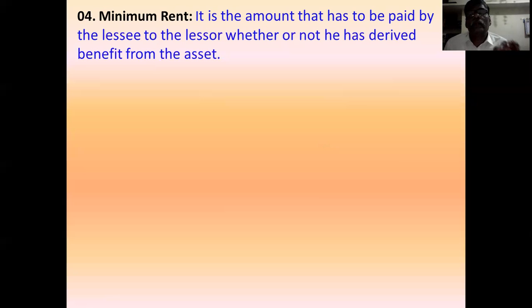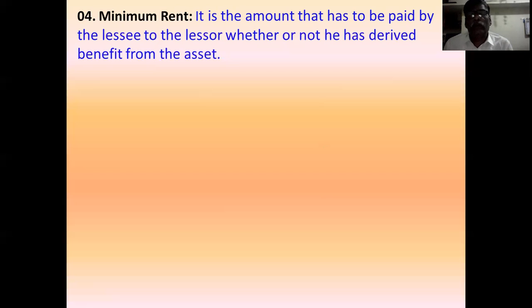Once again, minimum rent is the minimum amount paid by the lessee to the lessor, whether or not. Whether or not means whether the lessee has derived the benefit from the asset or has not derived the benefit up to the mark.